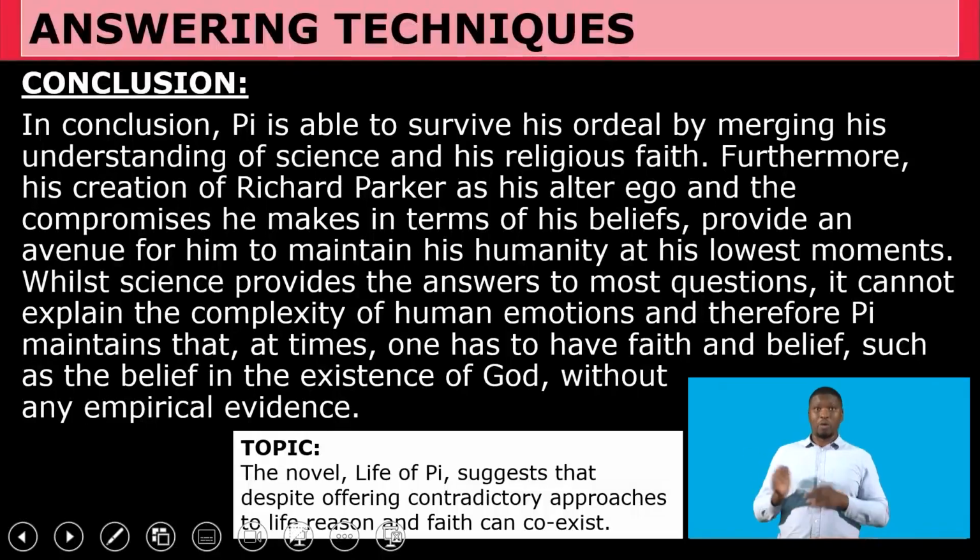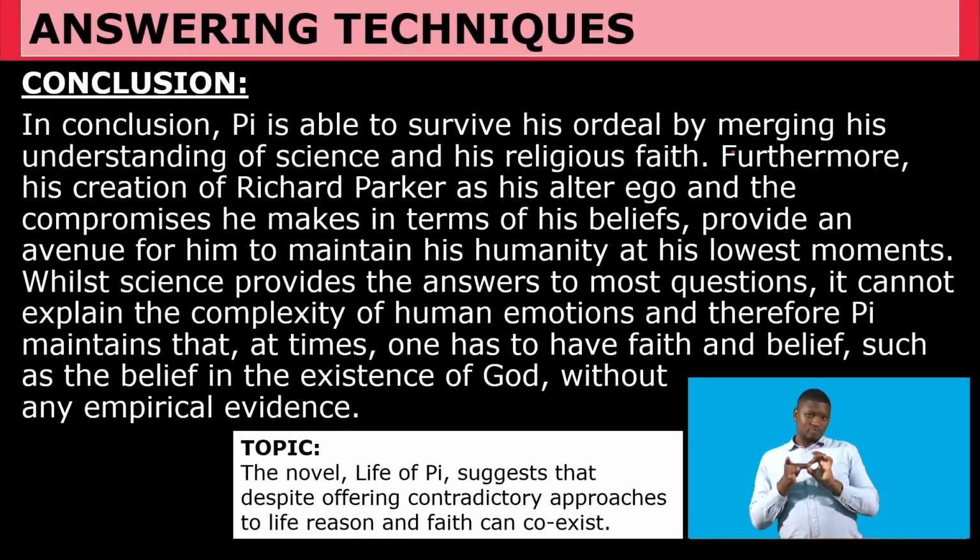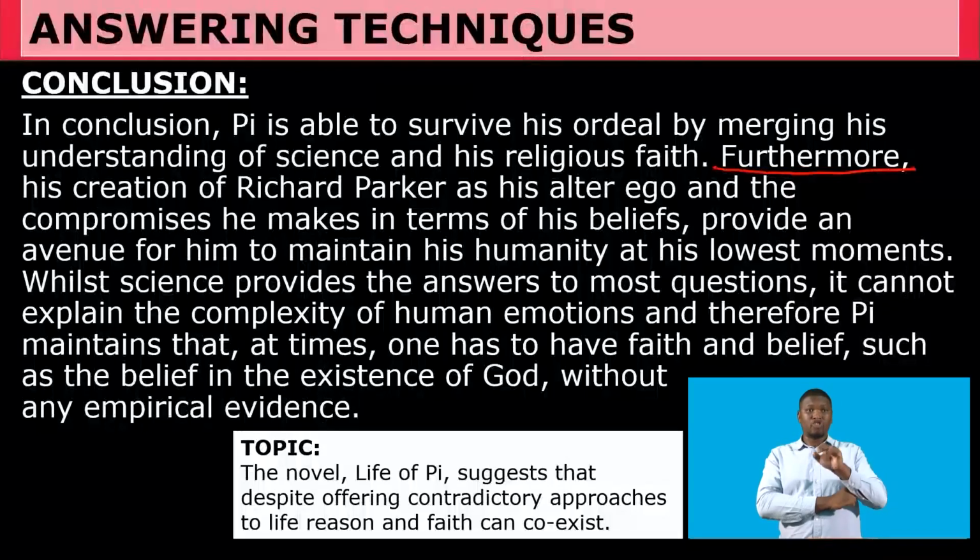In conclusion, Pi is able to survive his ordeal by merging his understanding of science and his religious faith. Furthermore, please look at these connecting words like furthermore, additionally. Use these. It often lends itself to the fluency of your essay writing. His creation of Richard Parker as his alter ego and the compromises he makes in terms of his beliefs provide an avenue for him to maintain his humanity at his lowest moments.